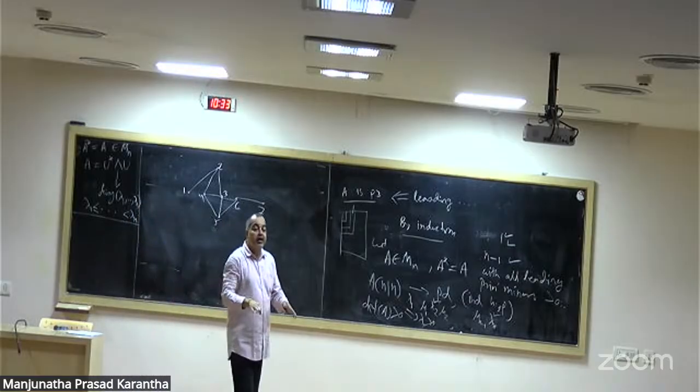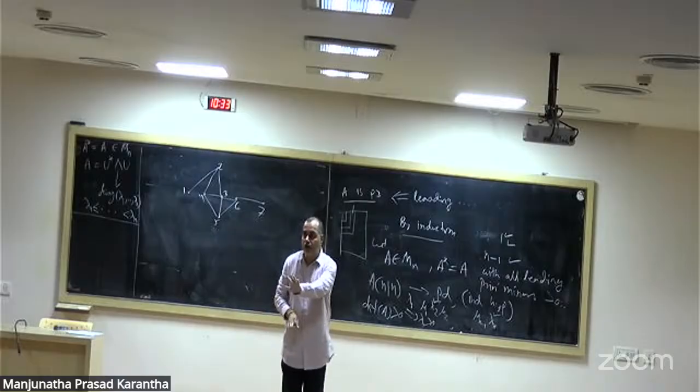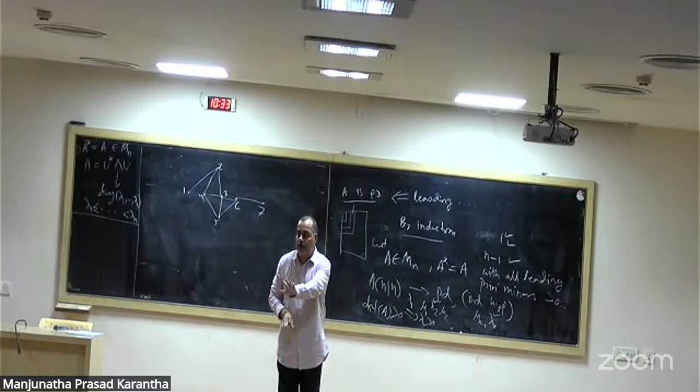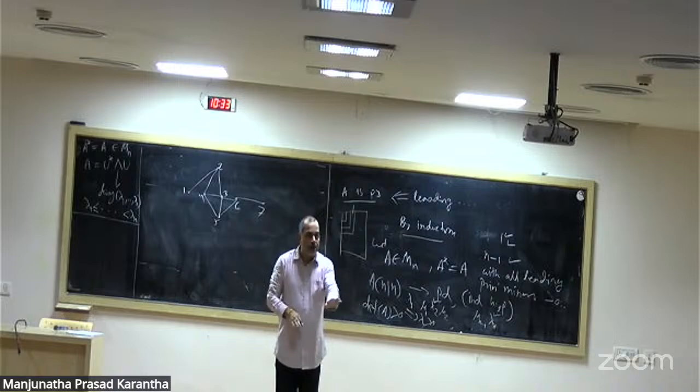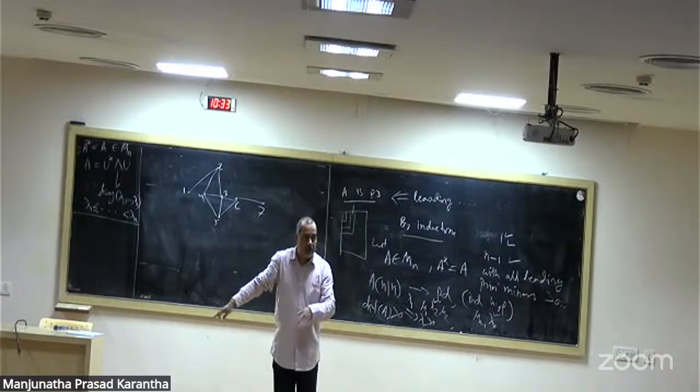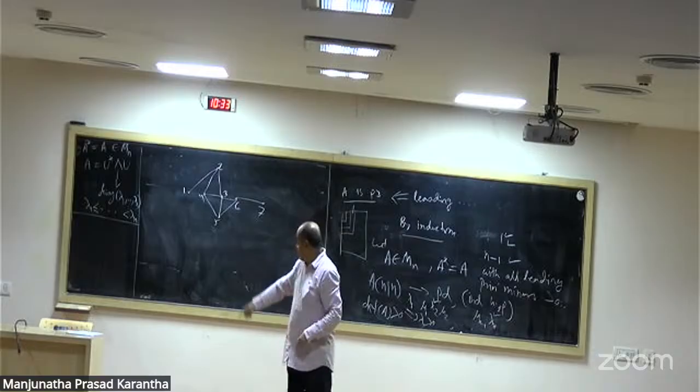And there is something called the diameter. All of you know what is diameter in a graph, or shall I define it? If you do not know, just tell me.